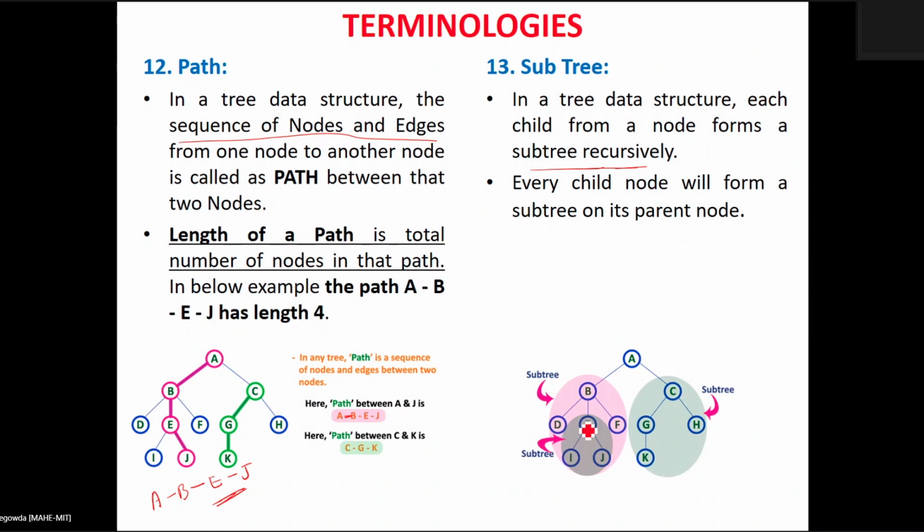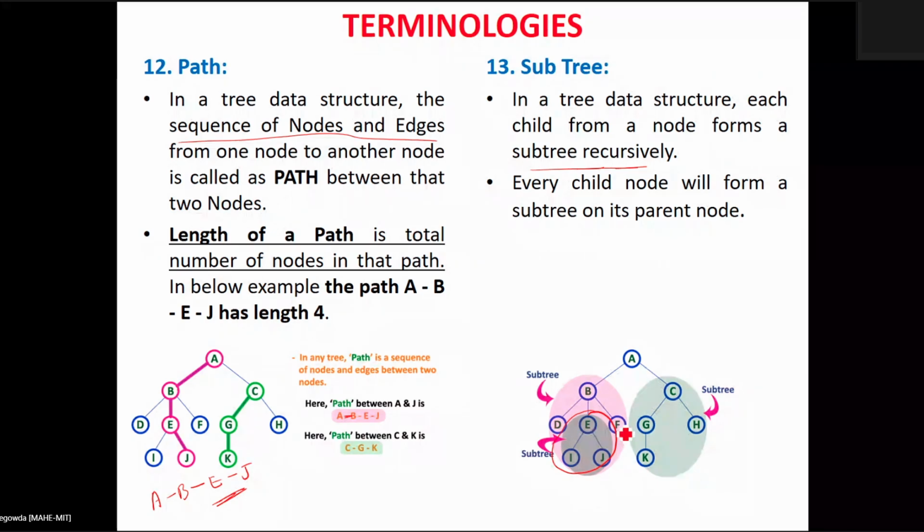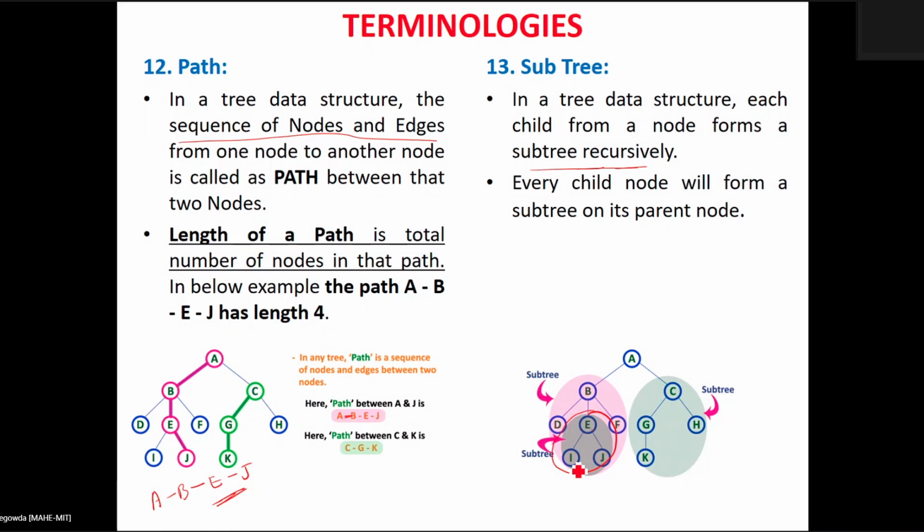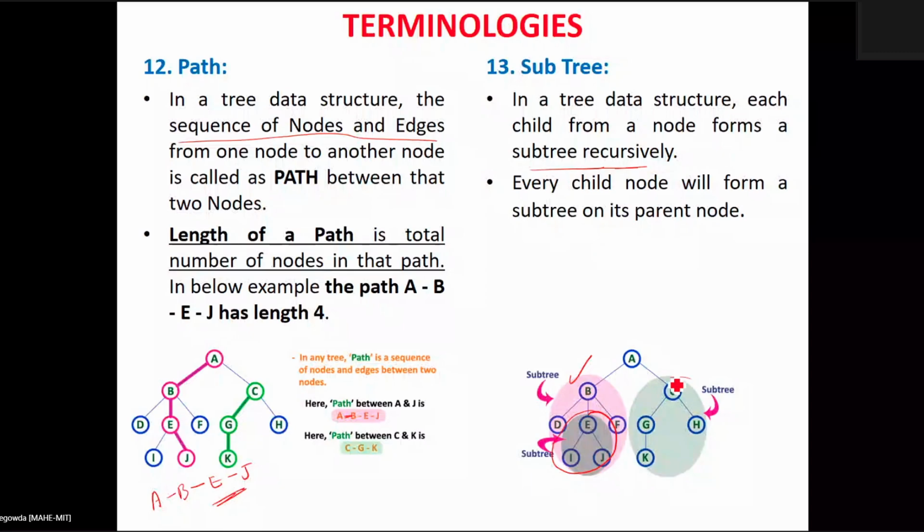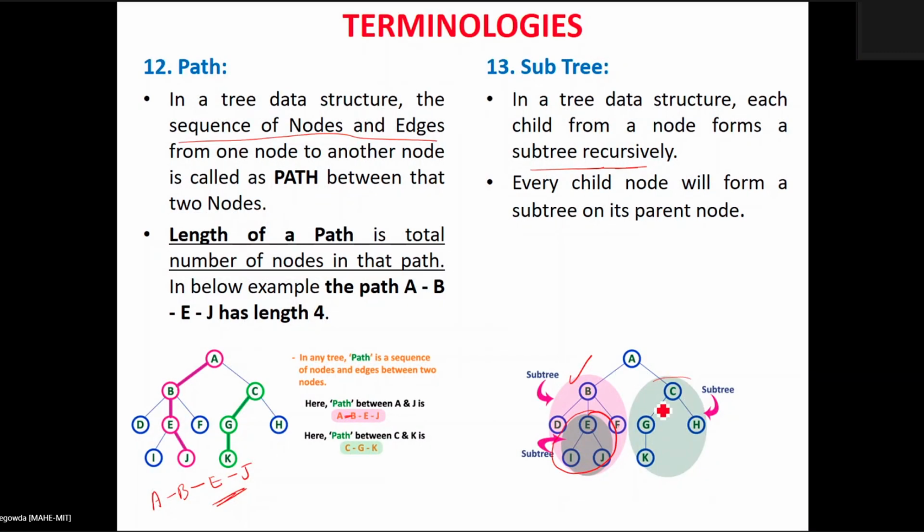If you look at this example, here we have the parent node E. It has two children, I and J, so this forms one subtree. Another subtree is B followed by its three children, D, E and F. E has two other children, I and J, which also form another subtree.